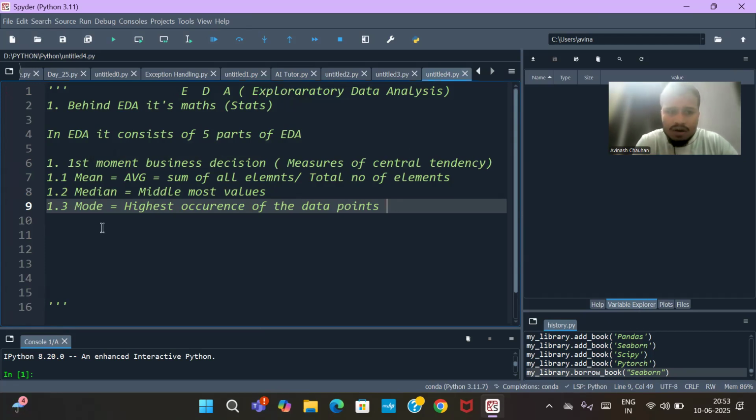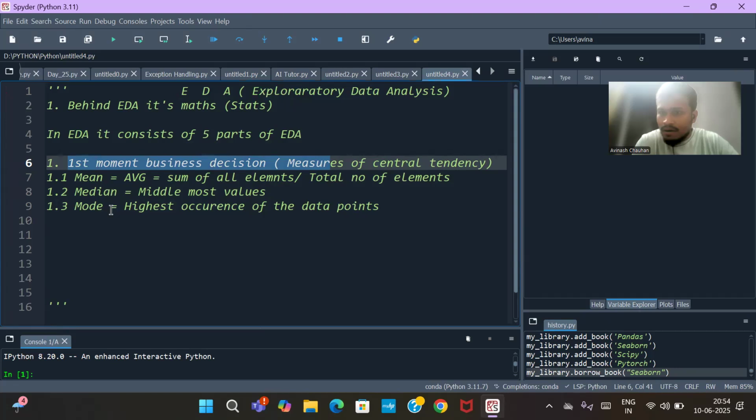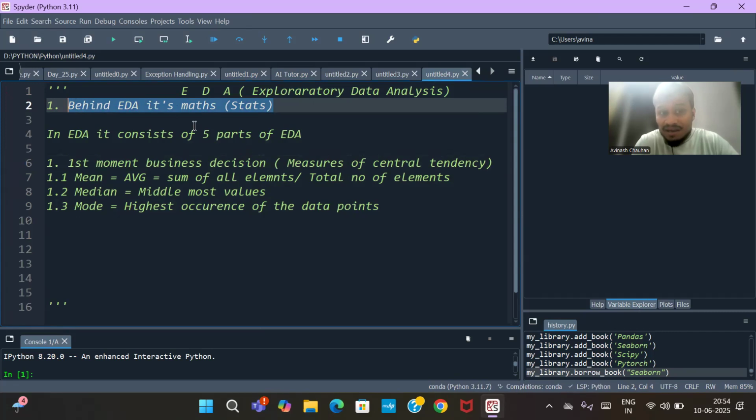So mode means the highest occurrence of the data point, mean means average, median means the middlemost value. So first moment business decision means measures of central tendency, which is mean, median, and mode. Obviously these things come under stats, but this is under EDA. I have told you behind EDA it's maths, only maths.